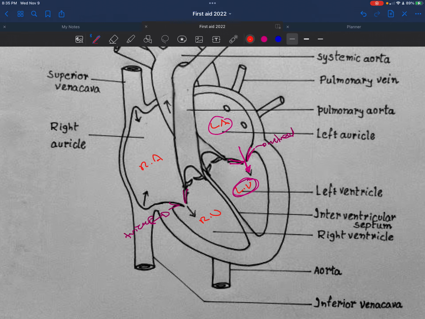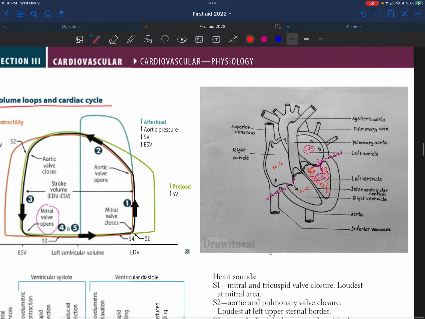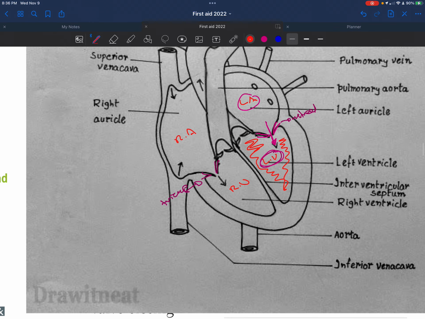This process of the left atrium filling the left ventricle is called the rapid filling phase. It is rapid because there's no problem. The blood goes down rapidly, so it's fine.